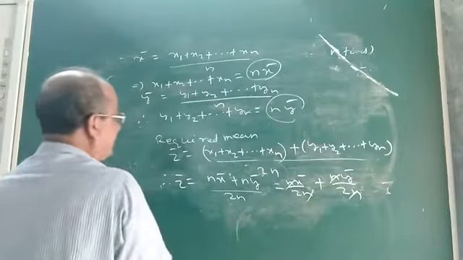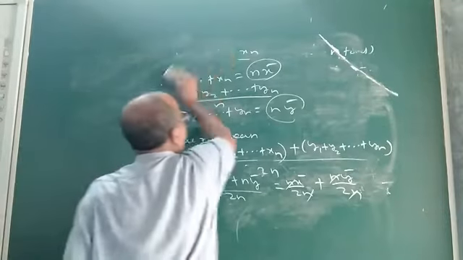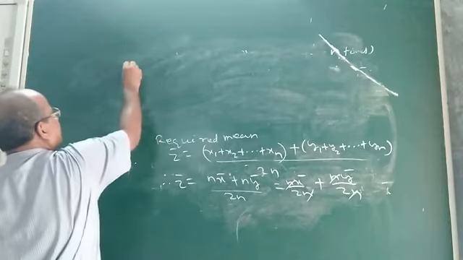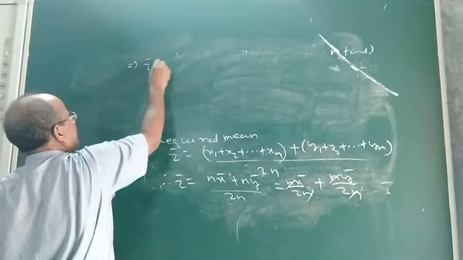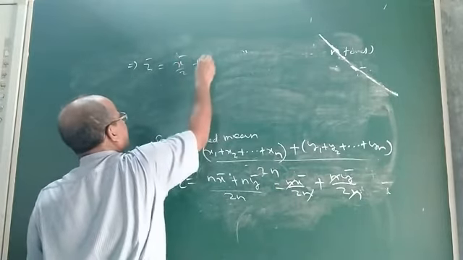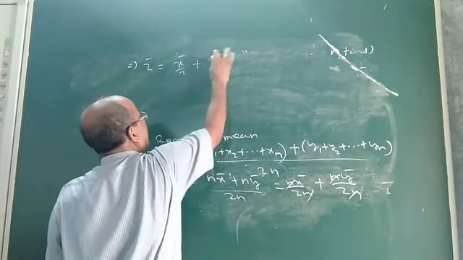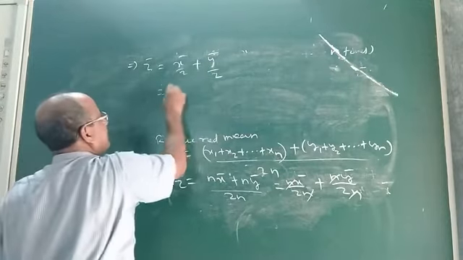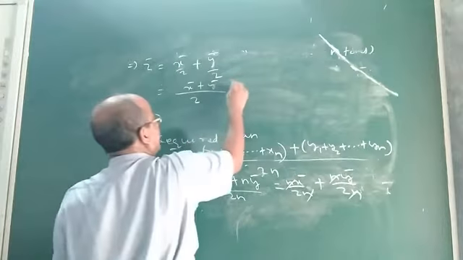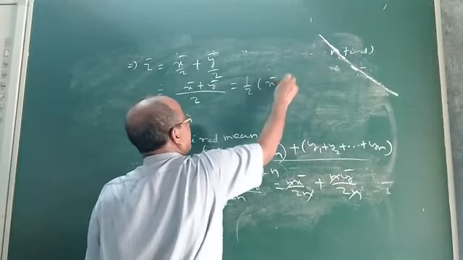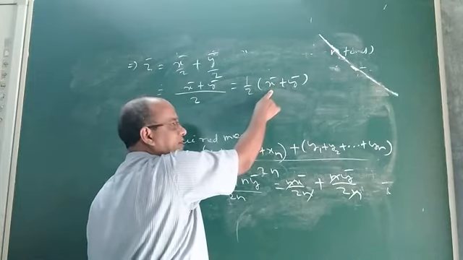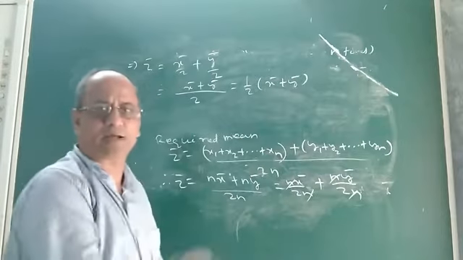So what is left after cancellation? This implies z bar equals x bar by 2 plus y bar by 2. Now take the LCM 2, it is x bar plus y bar by 2, or you can say it is half into x bar plus y bar. Half into the mean of the first set of observations plus the mean of the second set of observations.